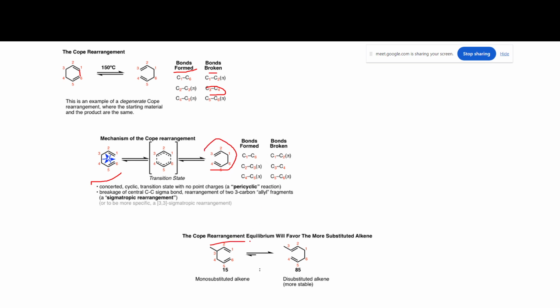And the Cope rearrangement will favor the more substituted alkene. A disubstituted alkene is more stable than a monosubstituted alkene.